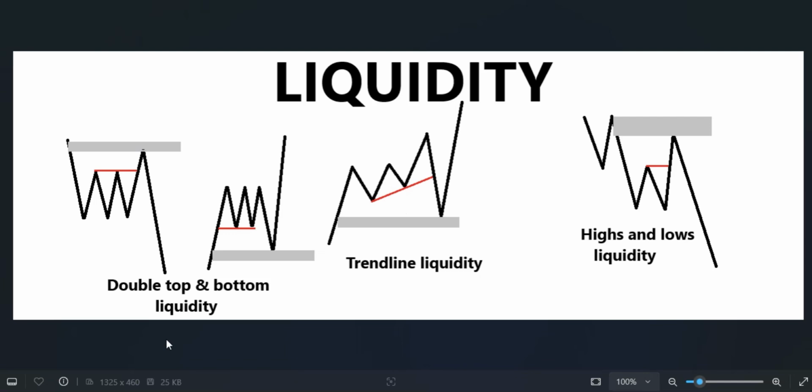This is what we call liquidity. You were basically liquidated. Hedge funds, the big boys, as we know them to be, smart money, as many people also know them to be, already know all these strategies.